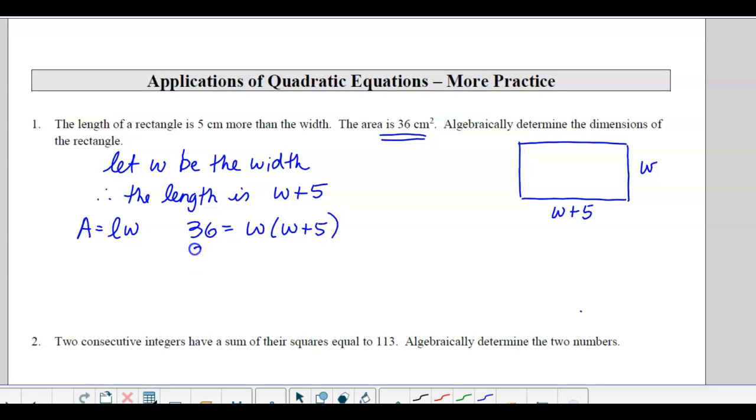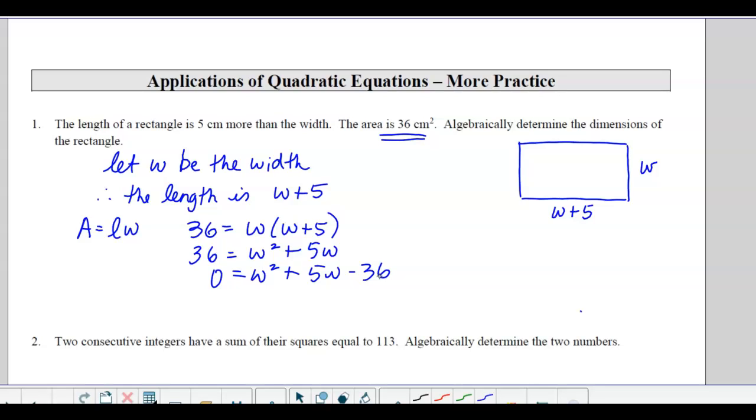So we need everything on one side. Oops, I put W5. Normally I put 5 in the front. This one you can solve by factoring, it turns out. You're going to get 2 answers.